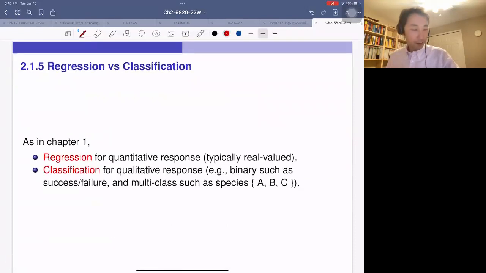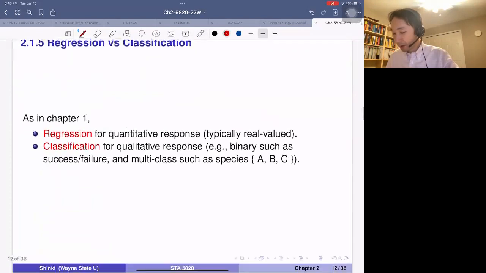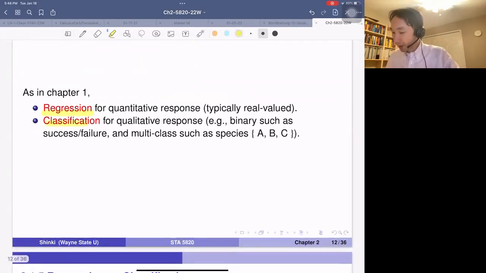Yeah, and now we discuss the bias-variance trade-off later, but now that we start the regression analysis and the classification analysis. Regression is for quantitative response, so typically real valued.